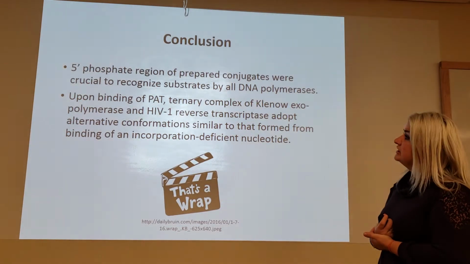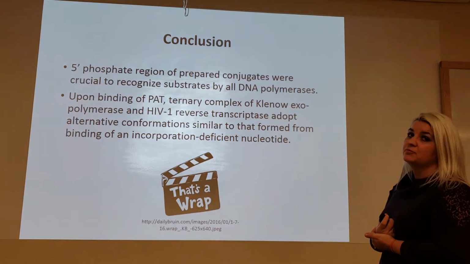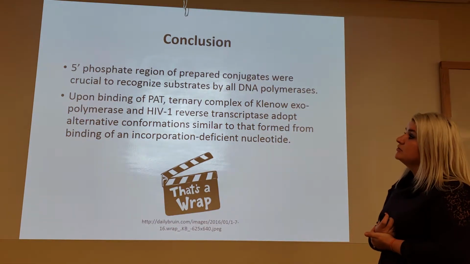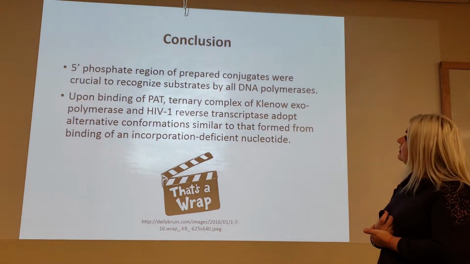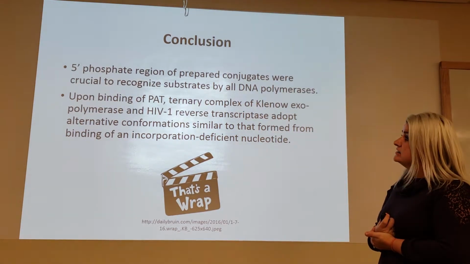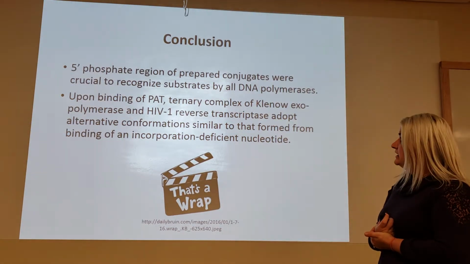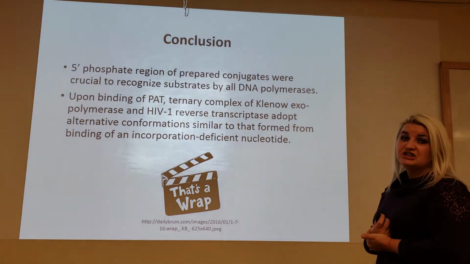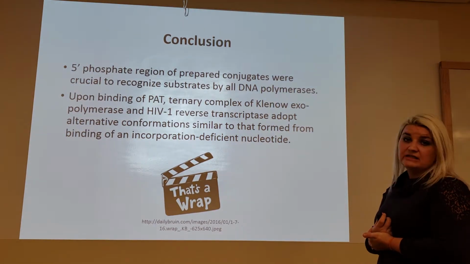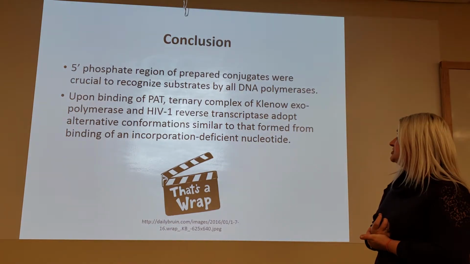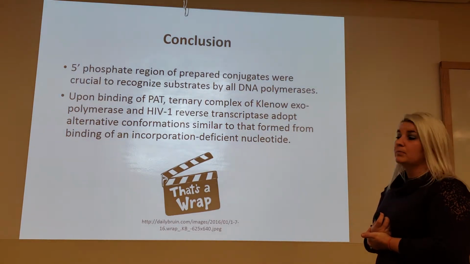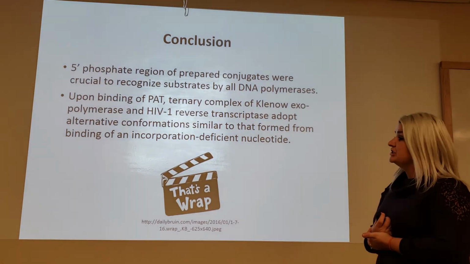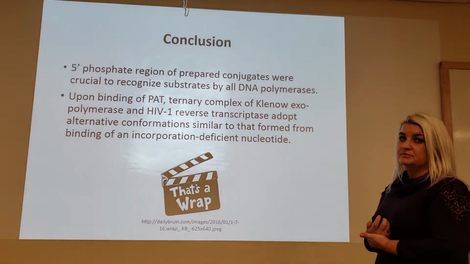So in conclusion, the 5-phosphate region of prepared conjugates was crucial to recognize substrates by all DNA polymerases. Upon binding of the PAT, ternary complex of Klenow exo polymerase and HIV-1 reverse transcriptase adopt alternative conformations similar to that formed from binding of an incorporation deficient nucleotide.